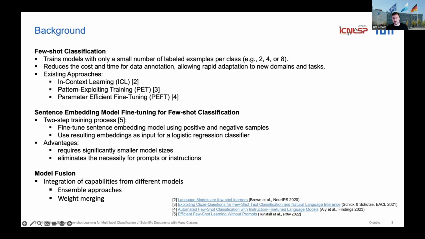One approach is ensembling, where we take the output from two or more models and combine those outputs, usually by averaging the outputs or doing some majority voting to improve the prediction performance. And the other approach, which is something we take a closer look at, is weight or model merging, where we merge the weights or parameters from two or more models into one, and then yield one model from that which shows enhanced prediction performance.